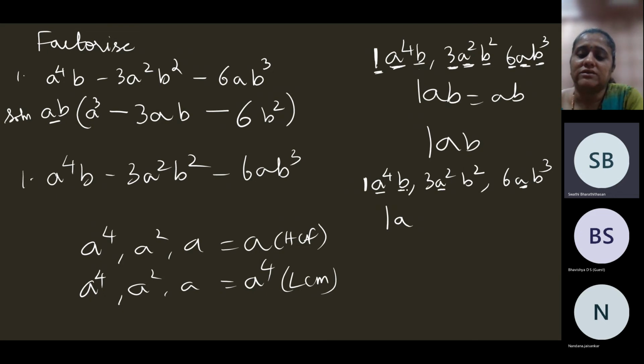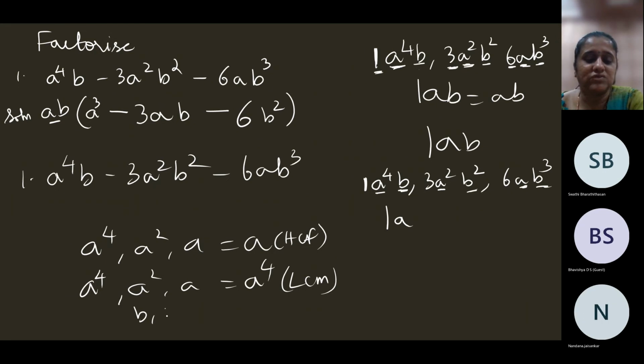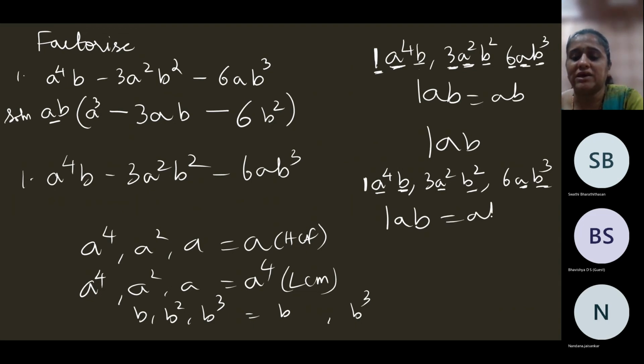Then b square and b cubed. The HCF is b. The LCM is b cubed. But we are finding the HCF, so it is b. So 1ab, or ab, is the HCF of these three terms.